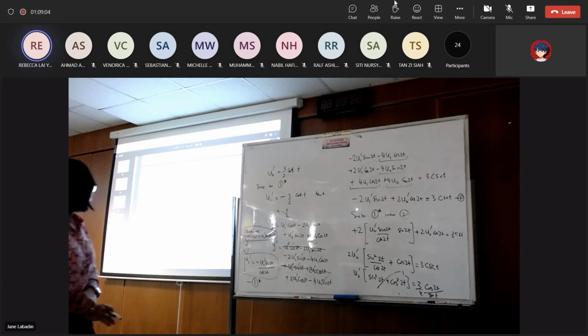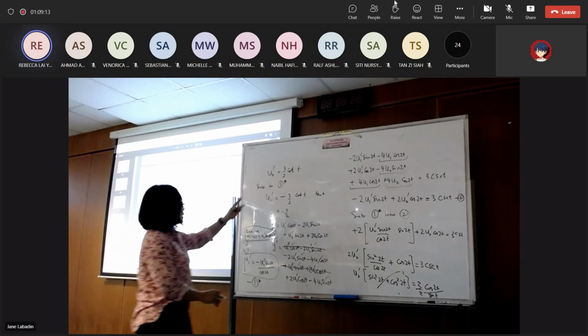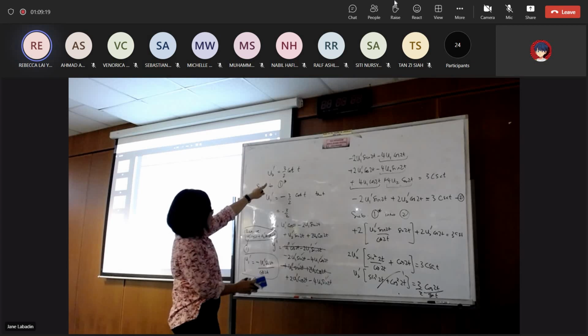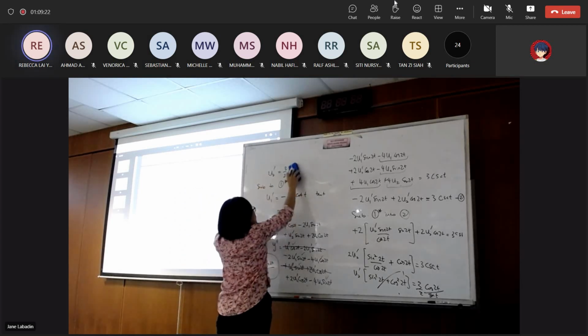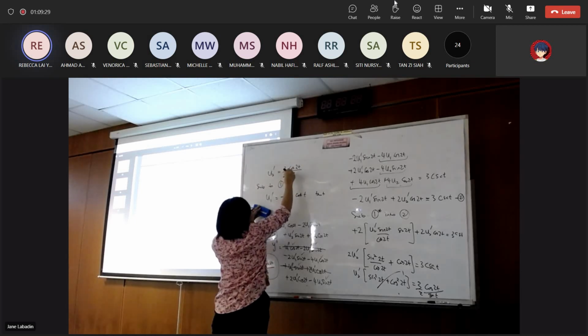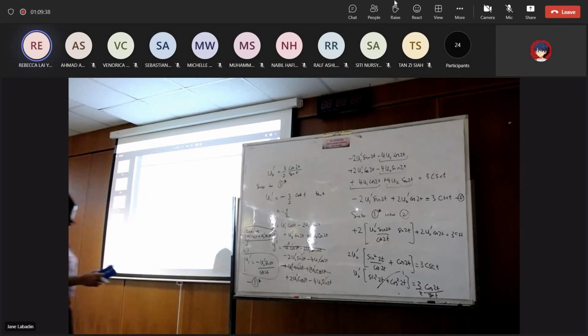So then this is u2 prime, 3/2 cos 2t over sine t. Cos 2t over sine t. It's not the same, they subtract. Cos 2t is multiplied. Why subtract?